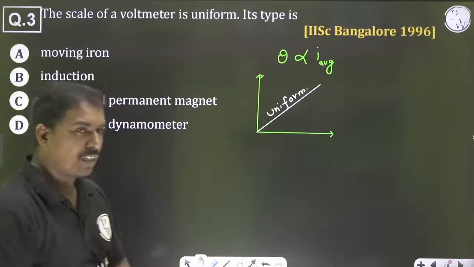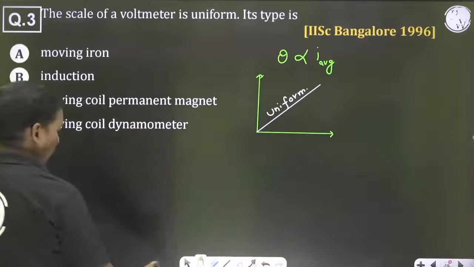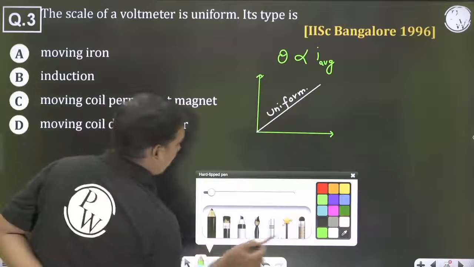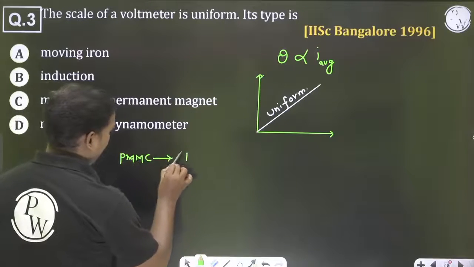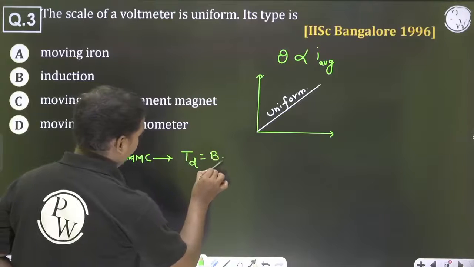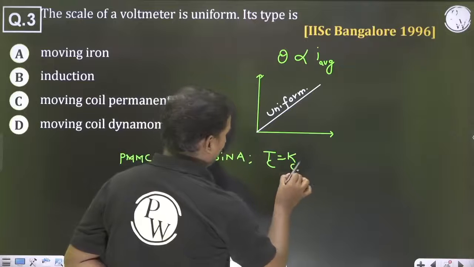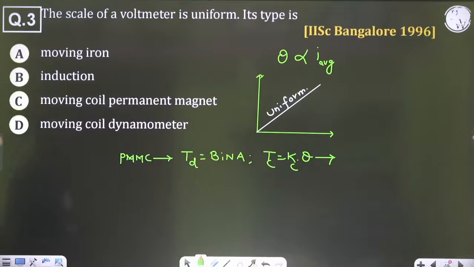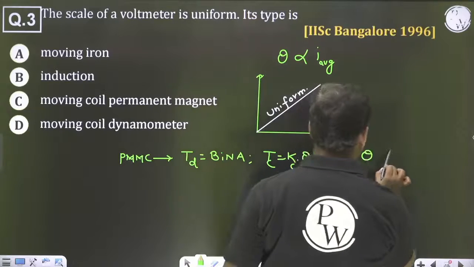Even though I have not covered other instruments, I just want to give you some information. For the PMMC, deflection torque is B N A I, controlling torque is equal to Kc theta. So finally, at steady state, theta is proportional to I.